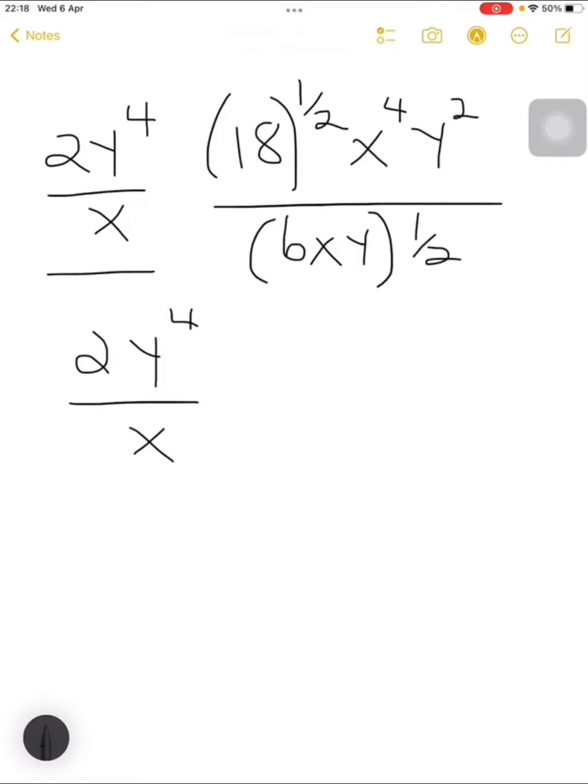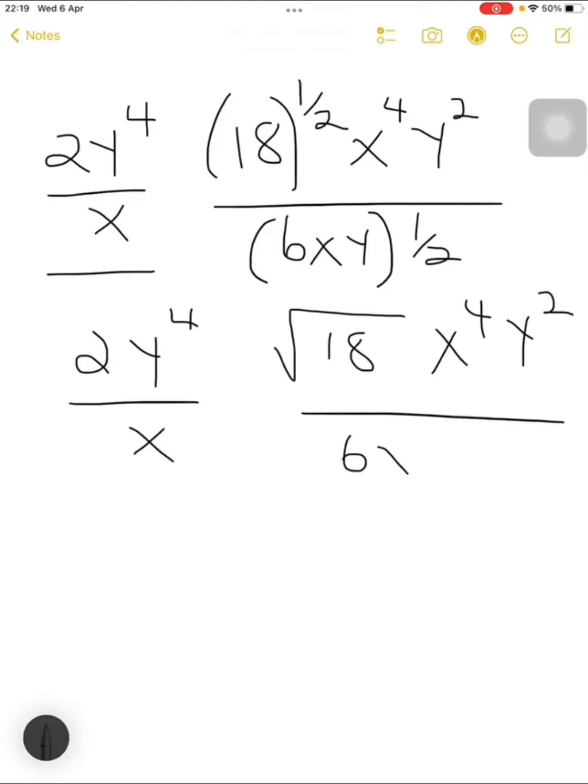Then this is the same as now. You can return your roots: root 18, then x power 4 y squared all over 6xy then power half, or you can still have the square root symbol.